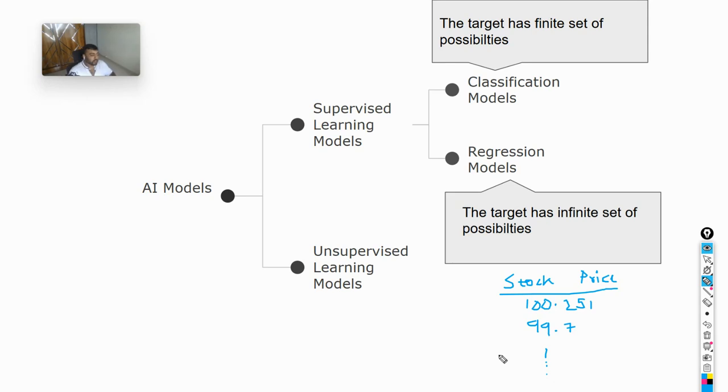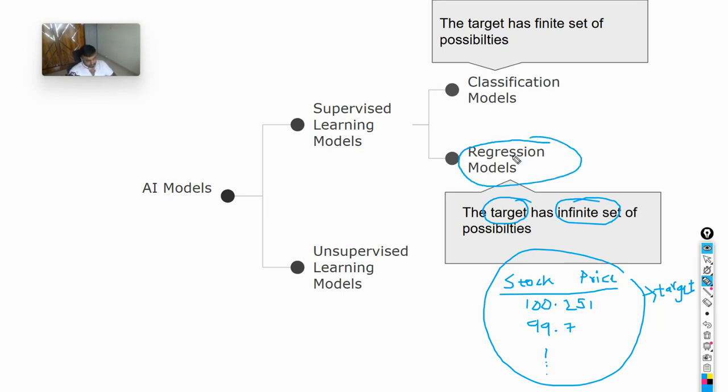Now in stock price column, do I have finite set of possibilities or infinite set of possibilities? If stock price column was my target column, then we would say that okay, in my target column I have unlimited set of possibilities. That means infinite set of possibilities. So if my target column has infinite set of possibilities over here, then the model that I will be building on this type of data would be called a regression model.